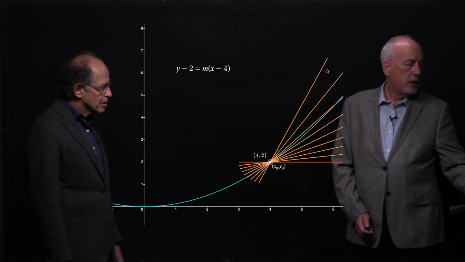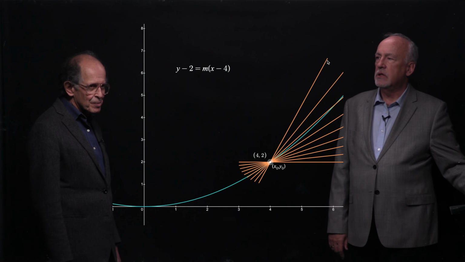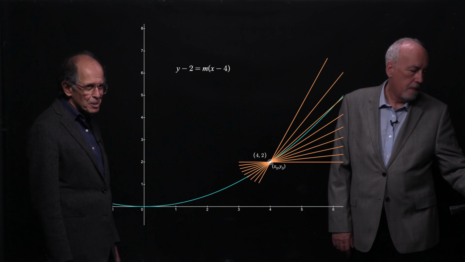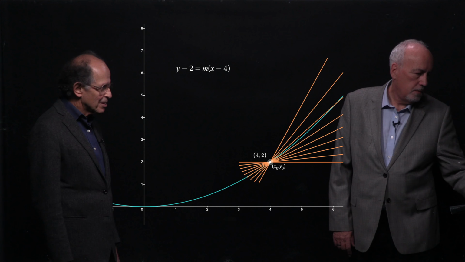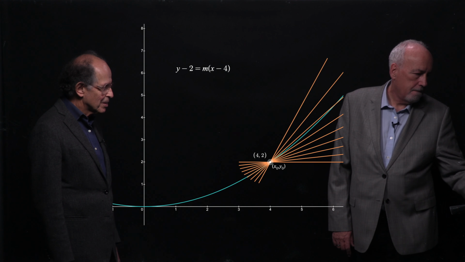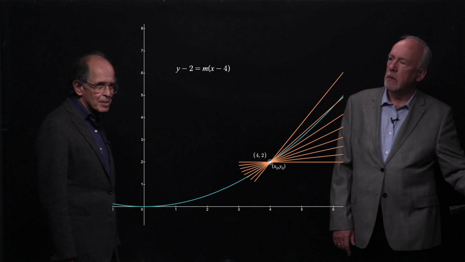Let's do this. Maybe we can remove a few of these lines. Obviously, this line here is too steep, so we can get rid of it. That's too steep. Get rid of that. Oh, that's not the one I want to get rid of. I'll get rid of a few of them. Got rid of that one. The next one, it also looks too steep.